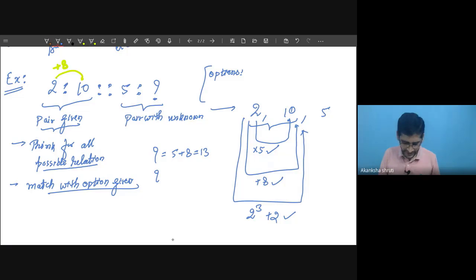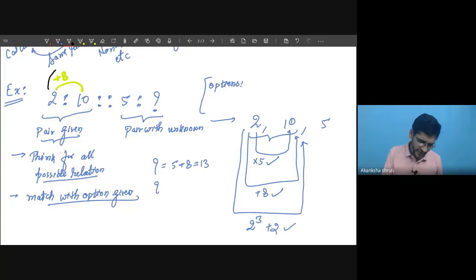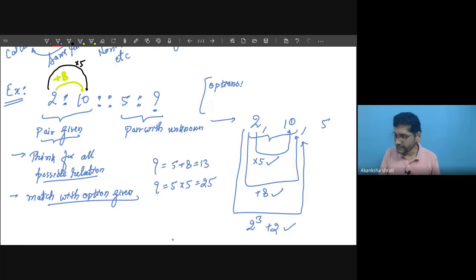It may be possible that this 2 is multiplied by 5 to get this 10. So I may multiply this 5 with the other 5 to get 25. Another relation for reaching from 2 to 10 is like this one: say 2 cube plus 2 gives us 10.